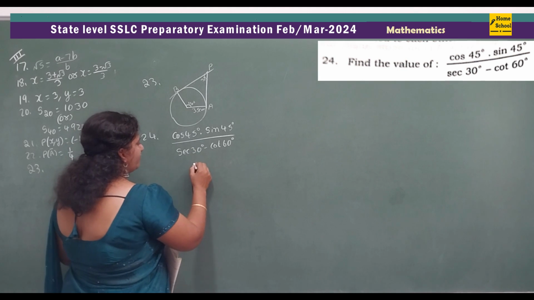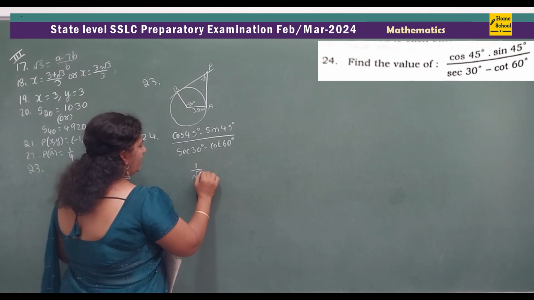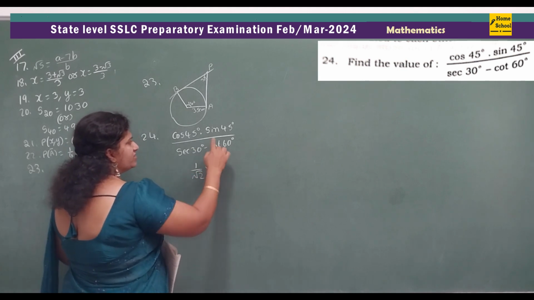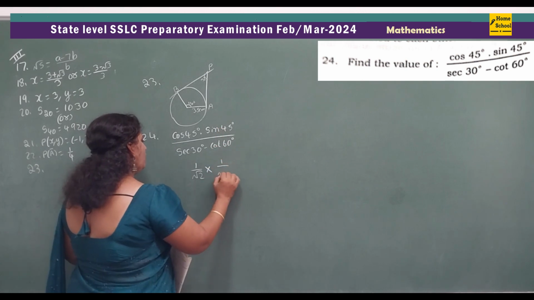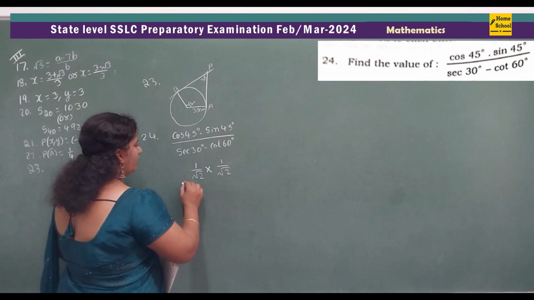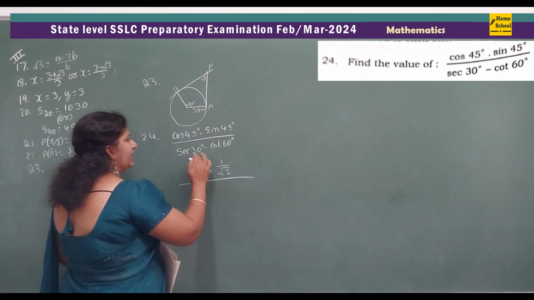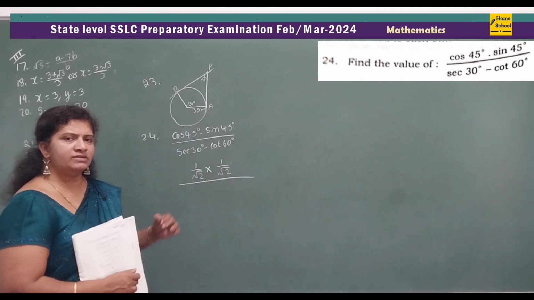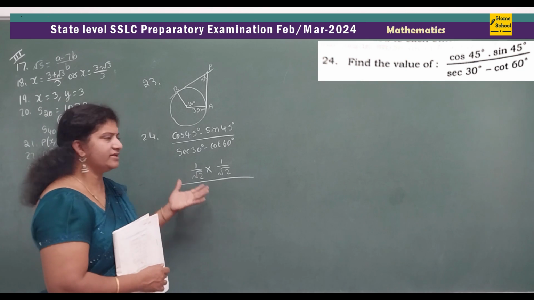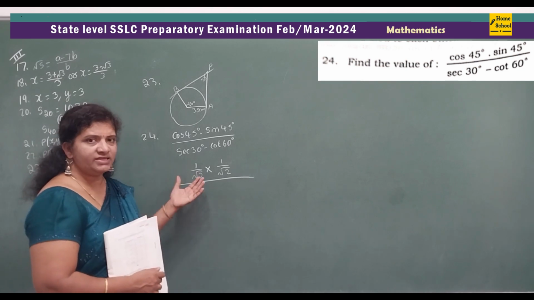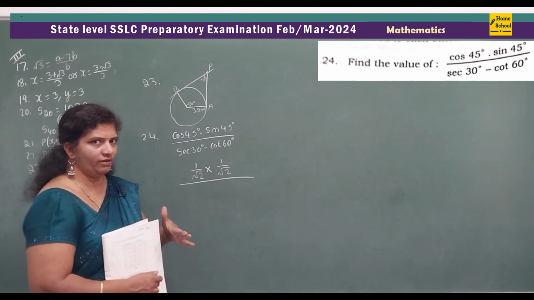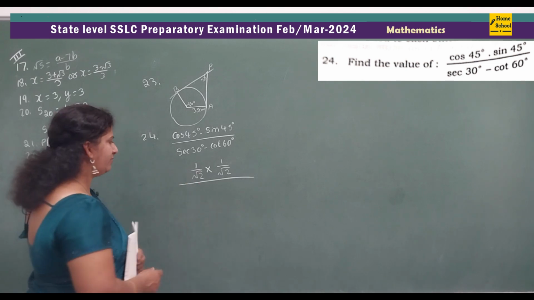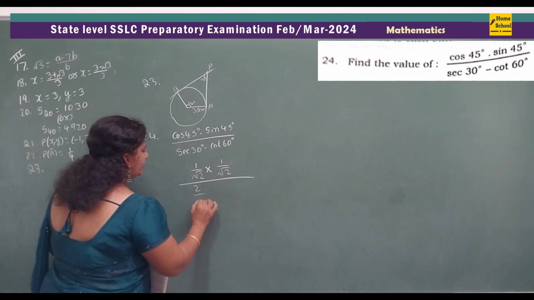What is cos 45 degree? It is 1 by root 2, into sin 45 is also 1 by root 2, by secant 30. If you remember the secant 30 value, directly you can say. Otherwise, cos 30 will be root 3 by 2. Do reciprocal, it will be 2 by root 3.